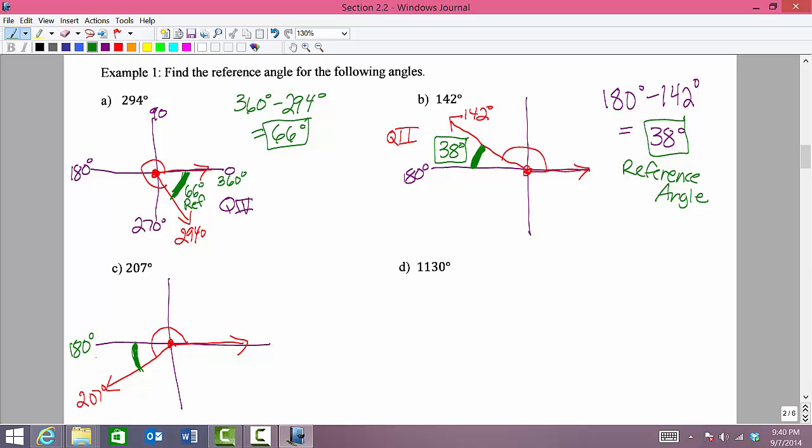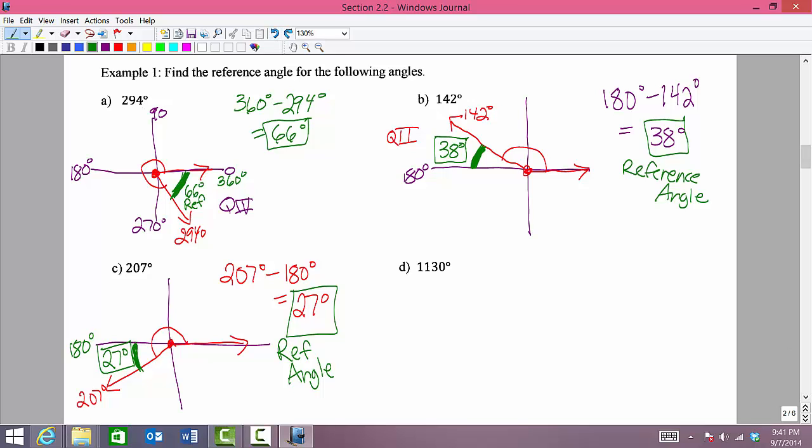But 207 is larger, so we want to do larger minus the smaller. Once we do that subtraction, we find our reference angle to be 27 degrees. So this distance here, 27 degrees, would be our reference angle. Just one reference angle.